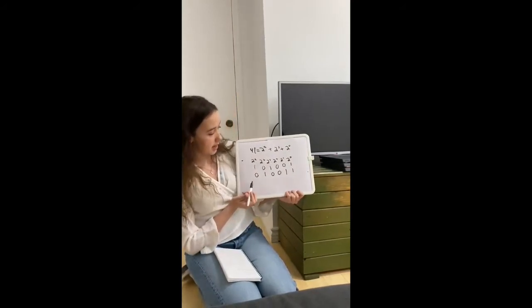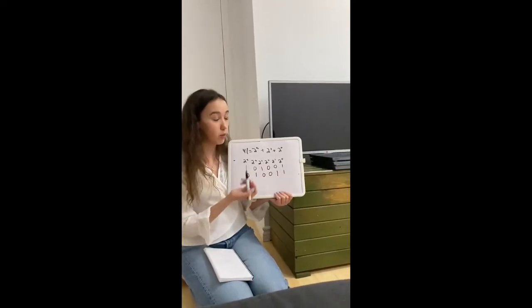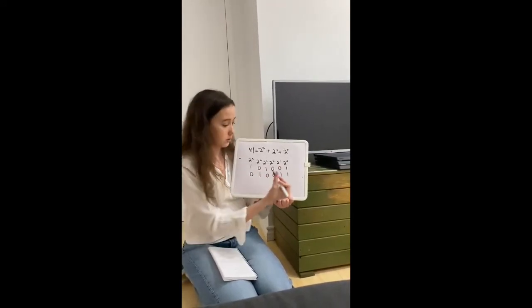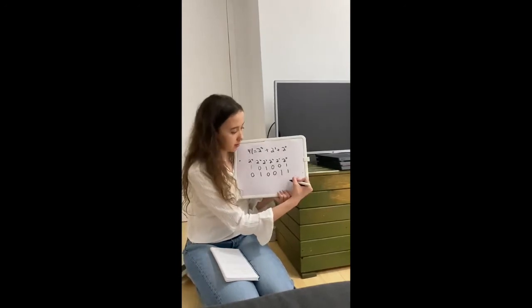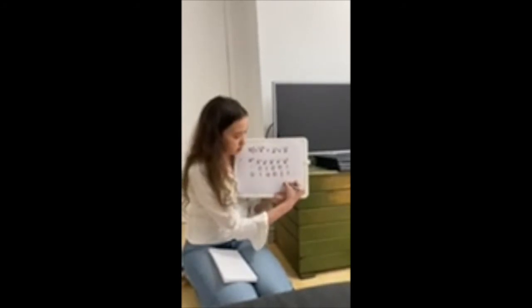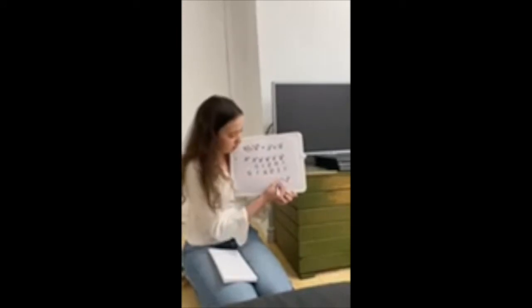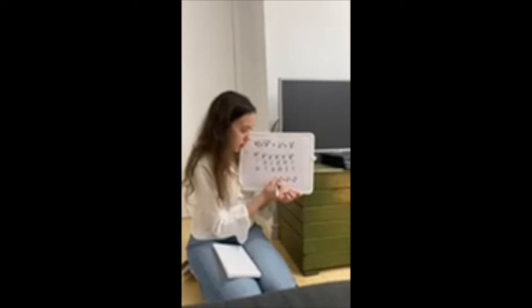Next, I am just gonna go through and write down this equation with these powers of 2. So there's 1, 2 to the power of 0. There's 1, 2 to the power of 1. And there is 1, 2 to the power of 4.